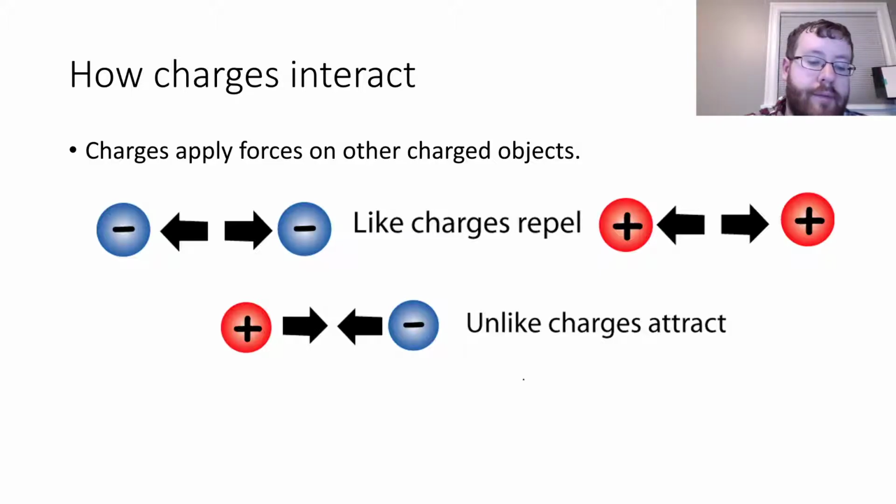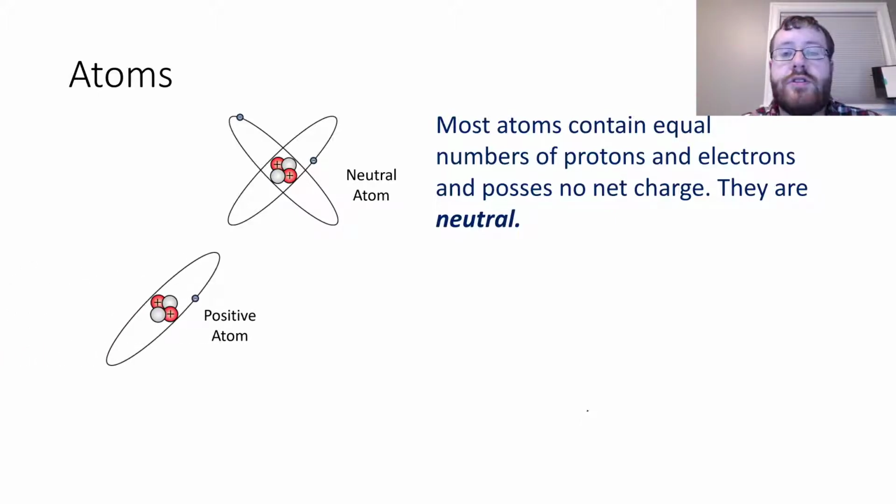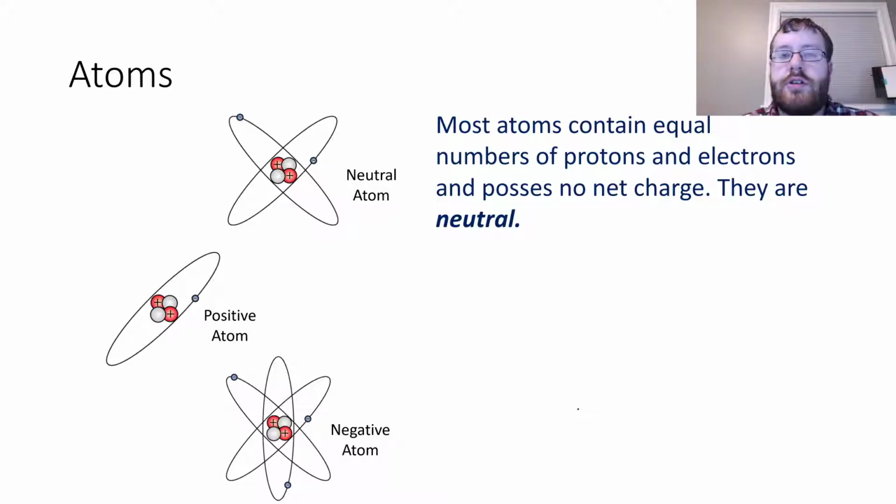Now, we can have different types of atoms. A neutral atom, which is the most common way we find atoms, contains an equal number of protons and electrons. Most atoms in the universe follow this rule. However, during some chemical reactions, we can get positively charged atoms or negatively charged atoms.